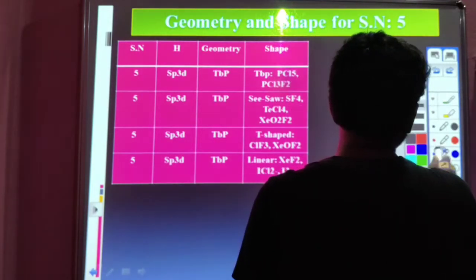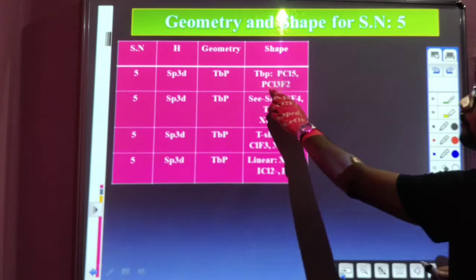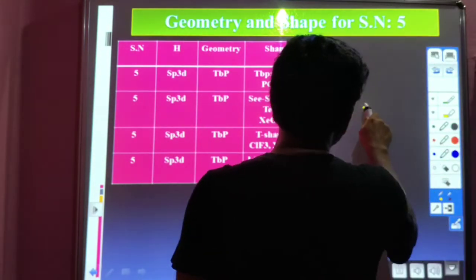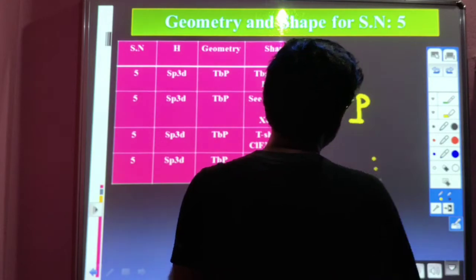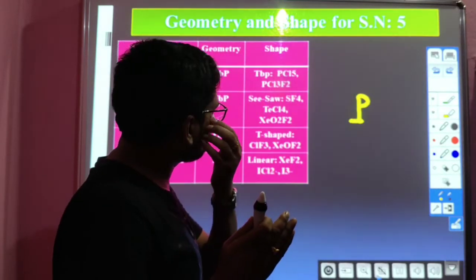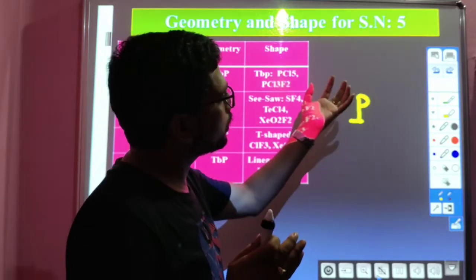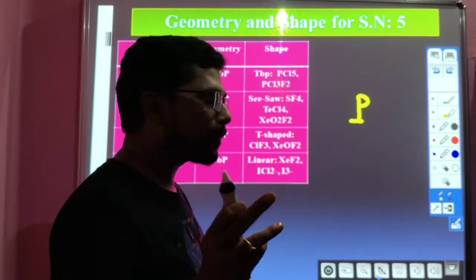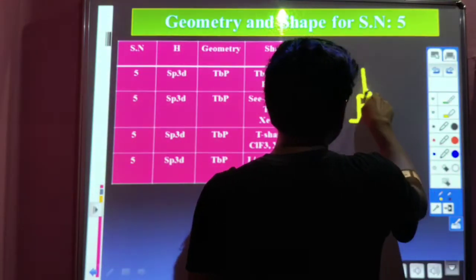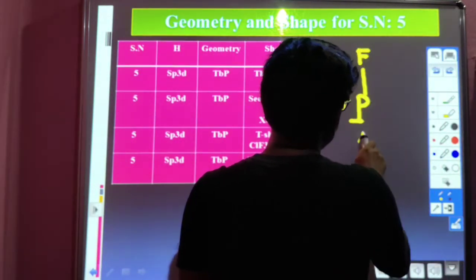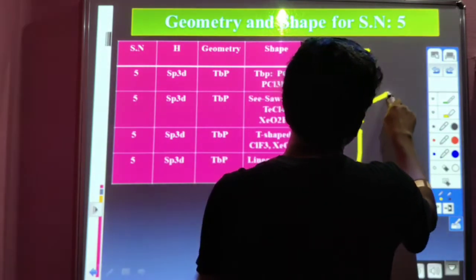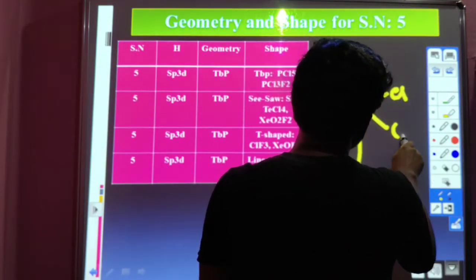In order to draw PCl3F2, you must know Bent's rule. Bent's rule says the more electronegative element will prefer to occupy the positions where the percentage of s character is less. So here the percentage of s character will be less. So this will be F, this will be F, this is Cl, this is Cl, this is Cl.